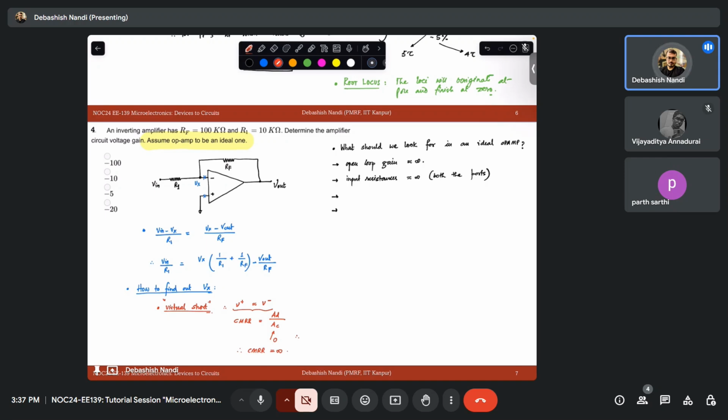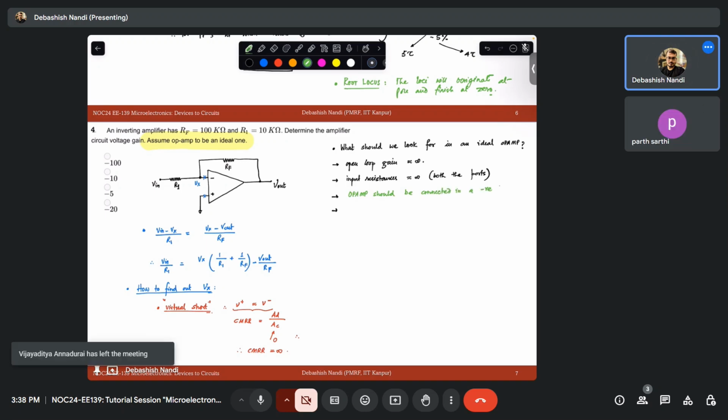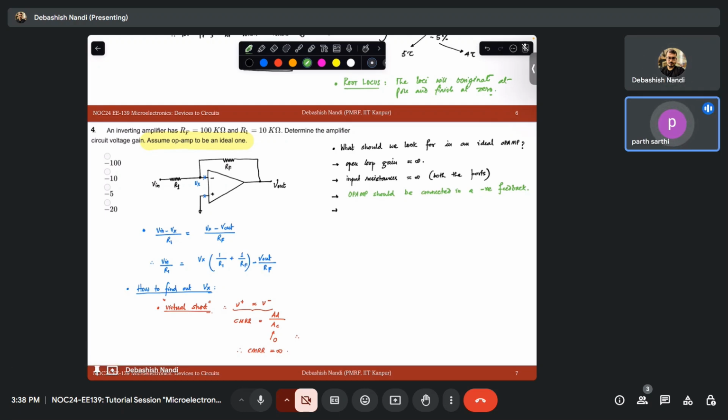So under ideal considerations, you can assume the virtual short condition, given there is an additional condition that the op-amp should be connected in negative feedback. Were you aware of this point? Connected in negative feedback only.